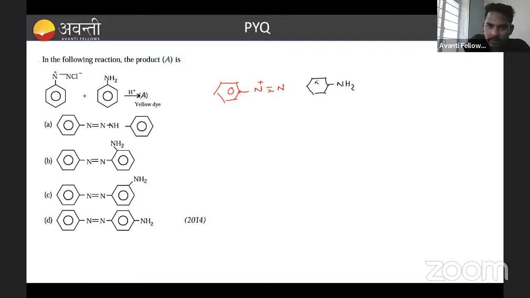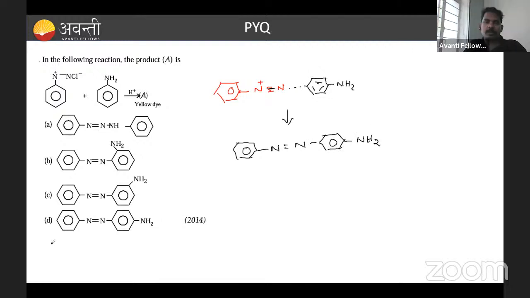So what will happen? We'll have a bond between them. Then what compound will we get? We'll have phenyl, N double bond N, and this is NH2. So is the correct answer D? Same logic, same. Everyone understood this?